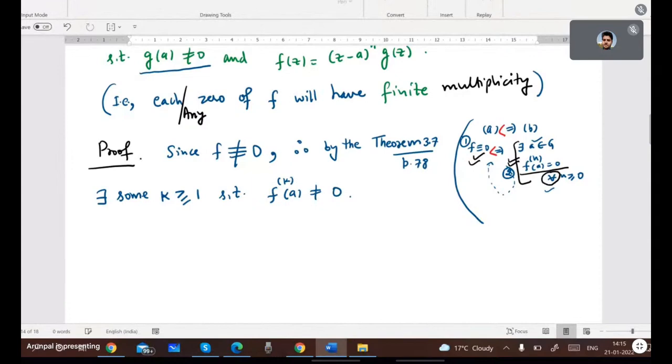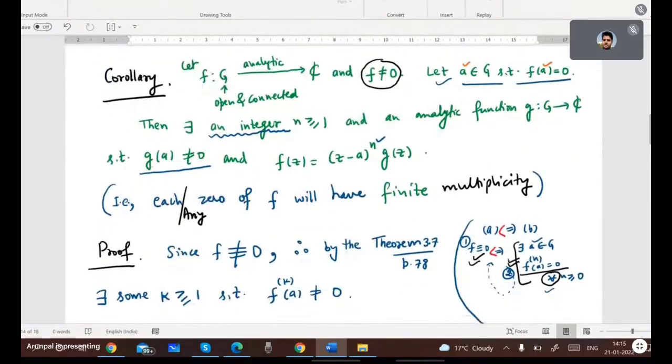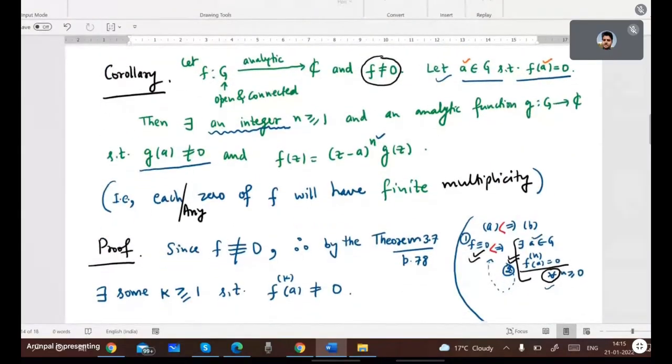Because if I take k equal to 0, then we are already given that the value of f at a is 0. So certainly we will have to exclude the function itself. That's why I have started k from 1. We can't start from 0, because the range of derivatives starts from 0, which means the function is also included.